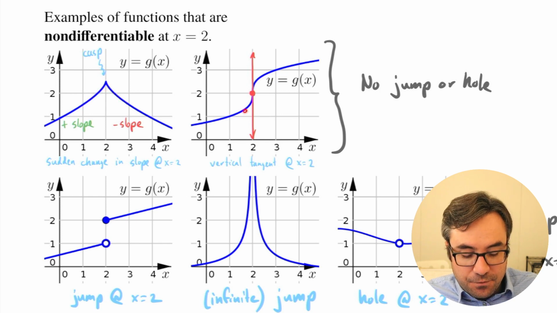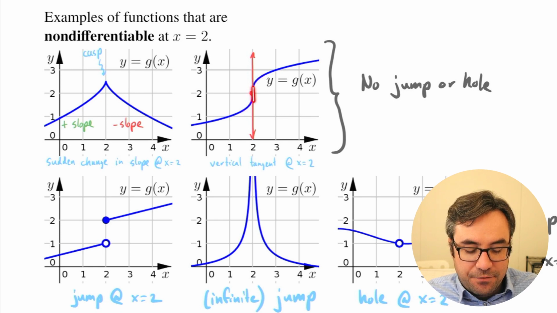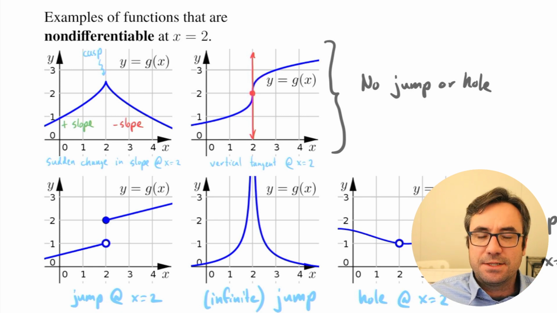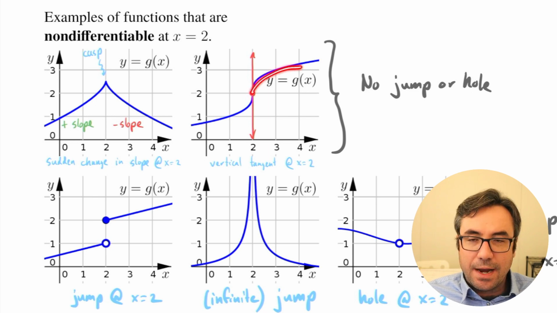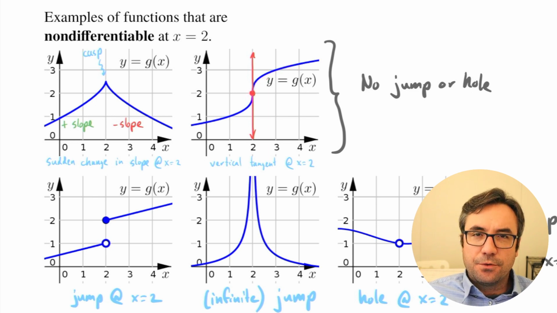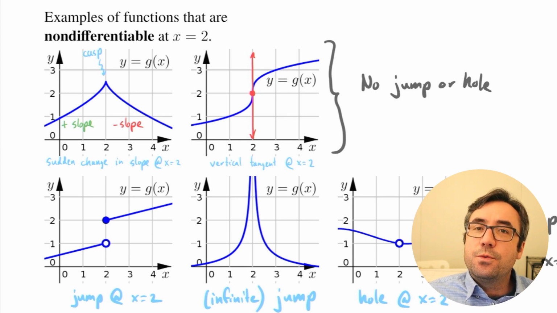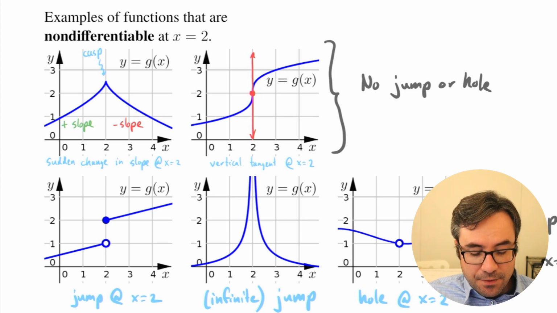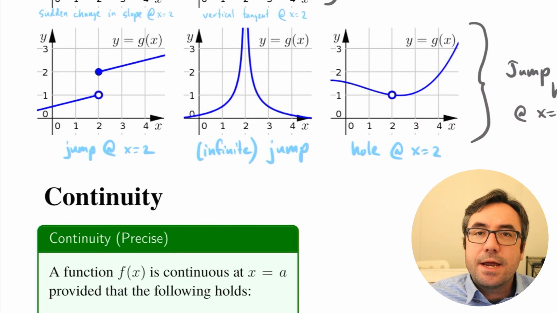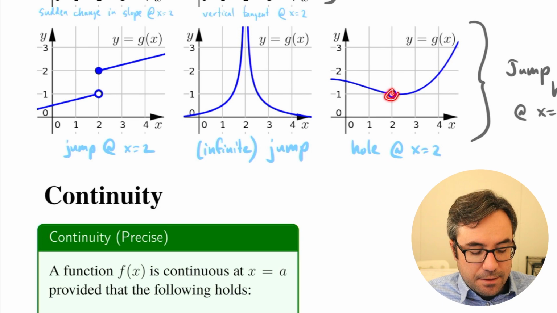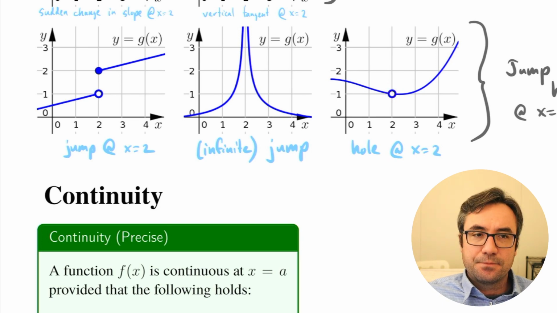We could have this vertical tangent line where our graph is momentarily looking vertical, and then it might continue on its way. So there are those things that have to do with the slope, but then there are these other cases where there's a clean break in the graph, or a piece that's missing.